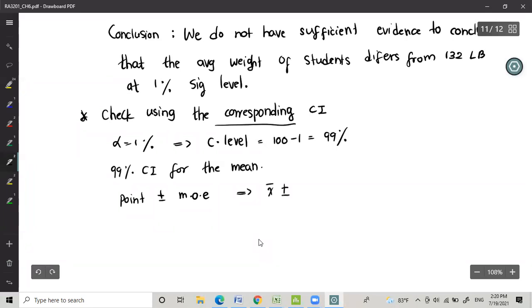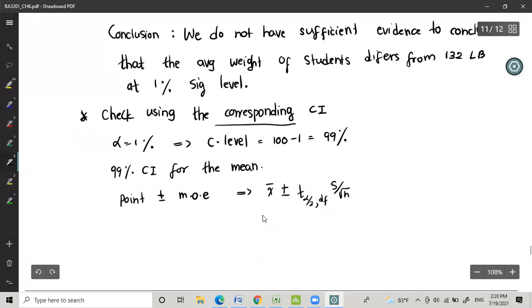Your margin of error, since this is the third case, will be the t-score with the corresponding degrees of freedom times the standard error. So this is how you construct the confidence interval for the third case. If it is the first or second case, you have the z-score with sigma over square root of n, or s over square root of n if the sample size is large enough. If it is the third case, you go for the t value.